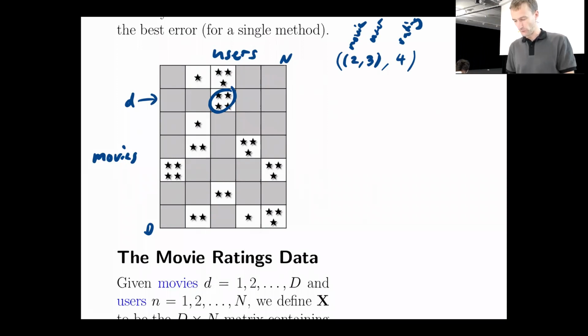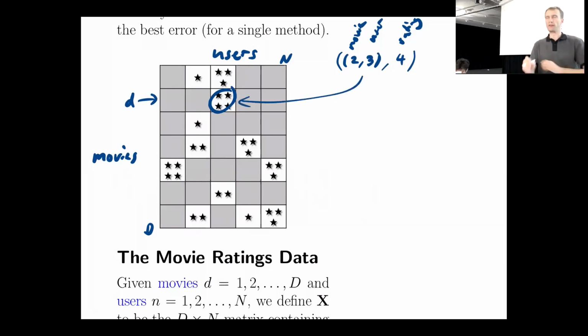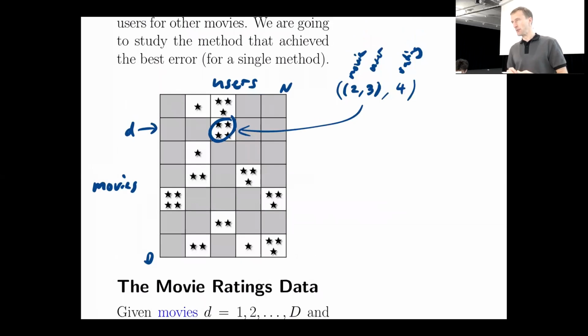So this is unobserved. All the gray areas are unknown. So there's a lot of unknown entries in our problem, and the task here is to actually predict this unknown data. That's what we're going to do today, and we will see that one of the most natural ways to do it is via matrix factorizations.